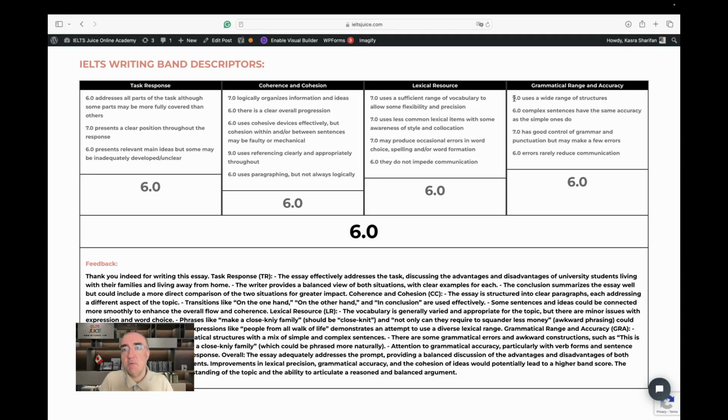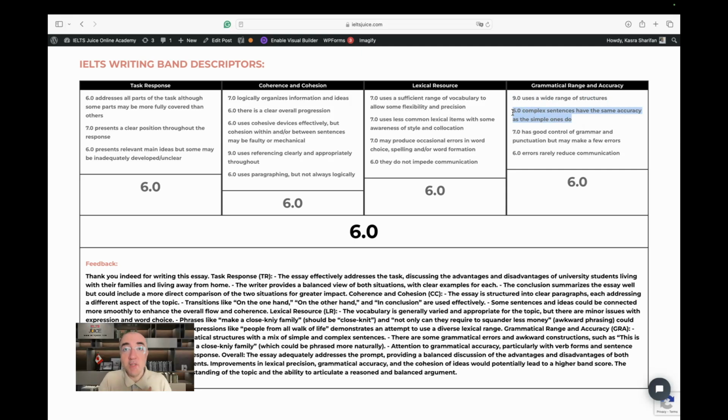And the grammar, the range, because we had advanced grammatical structures: we had if that was turned into should, we had since, we had inversion, we had the relative clause, so conditional sentences, relative clause. We basically had all of these advanced grammatical structures, but not always executed correctly.